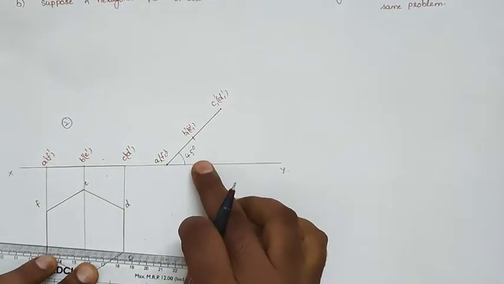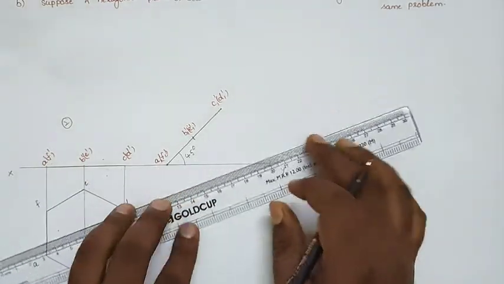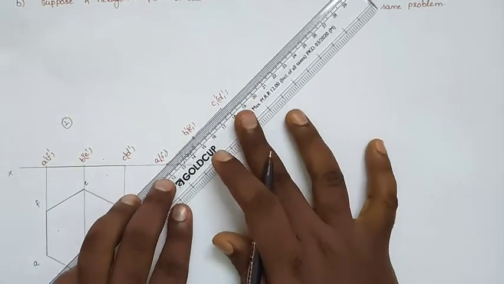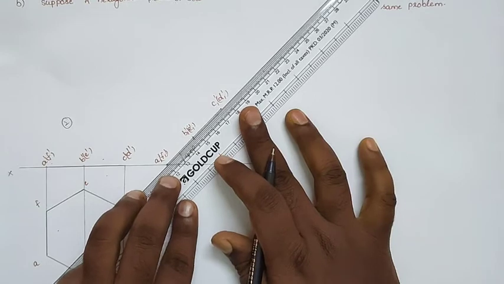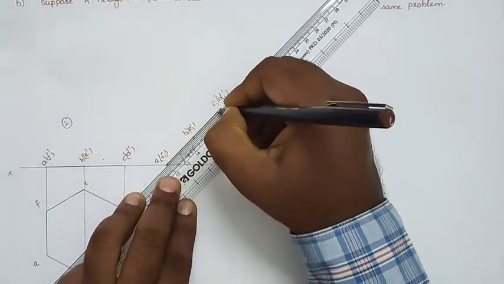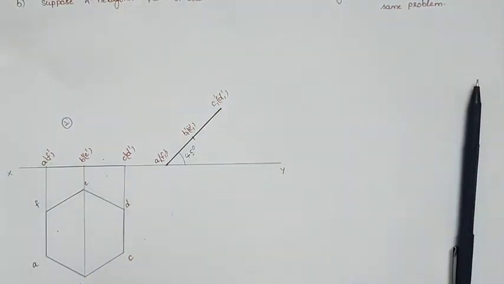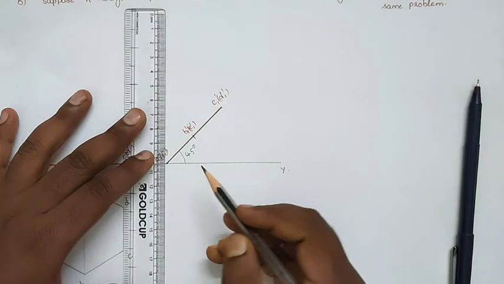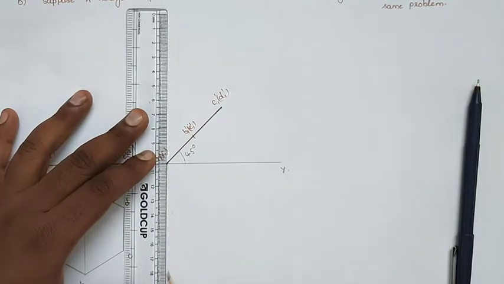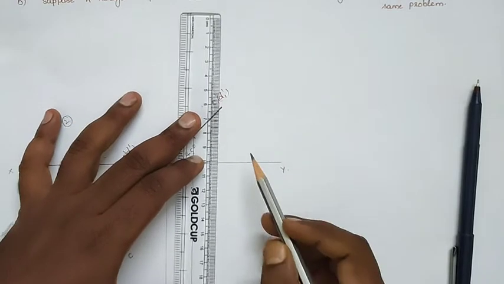Redraw the first front view with an angle of inclination of 45 degrees. So this is our second front view. Make it thick. From the second front view, draw the vertical projection lines from the points on the second front view.